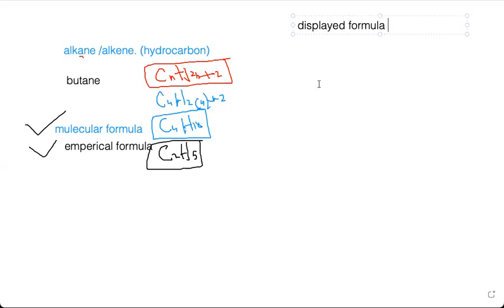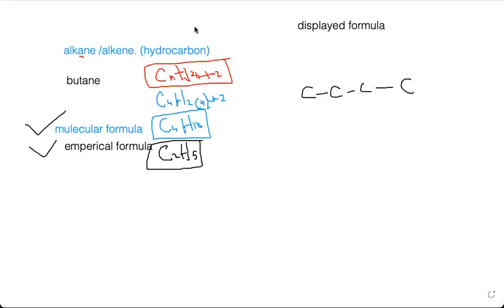You have to draw 4 carbons here: 1 carbon, 2 carbon, 3 carbon, 4 carbon. Since this is an alkane, meaning butane, no double bond will be there. So you can fill the rest of the bonds with hydrogen.